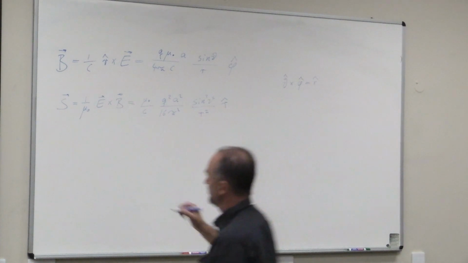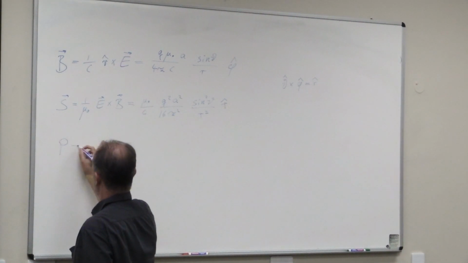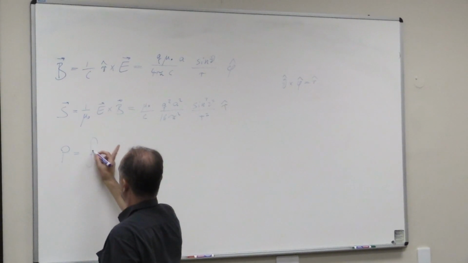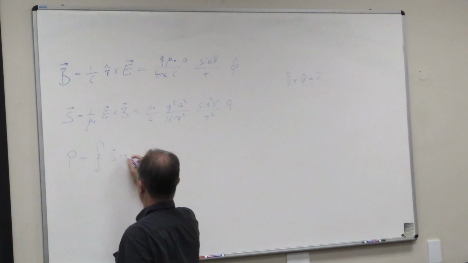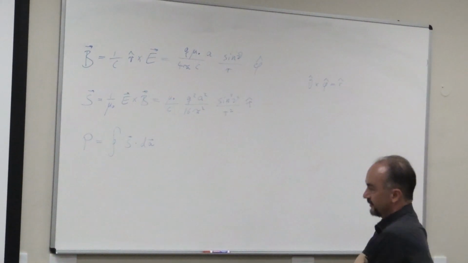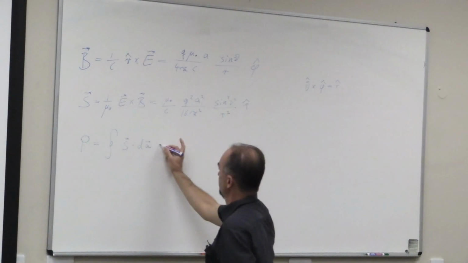And the last thing was then just calculate the total power. That is, well, integrate S dA over the surface of radius r. That cancels the r squared out.